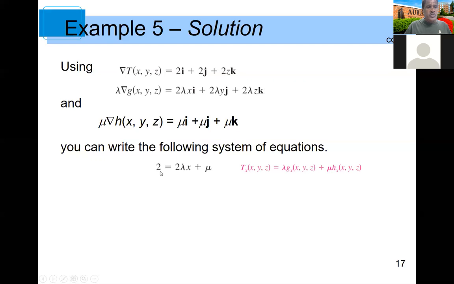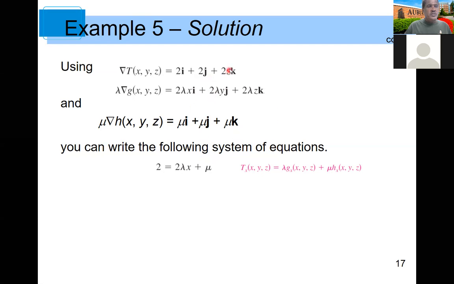Again, watch this carefully. 2 is equal to 2 lambda y plus mu, okay?